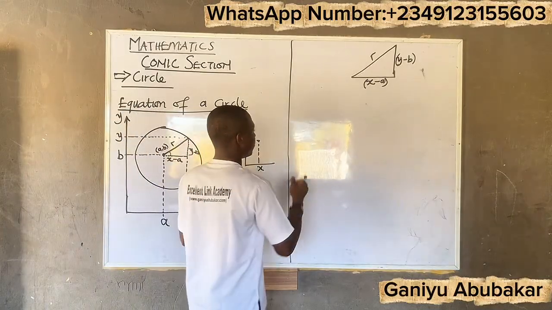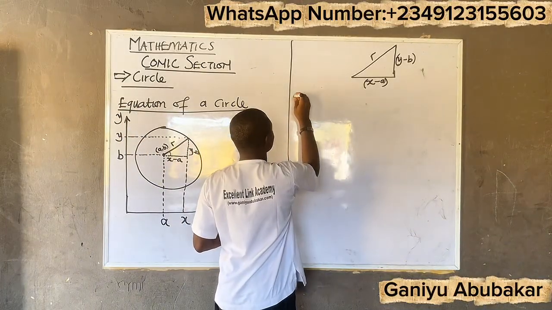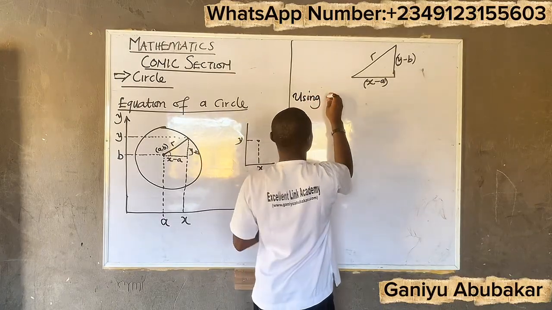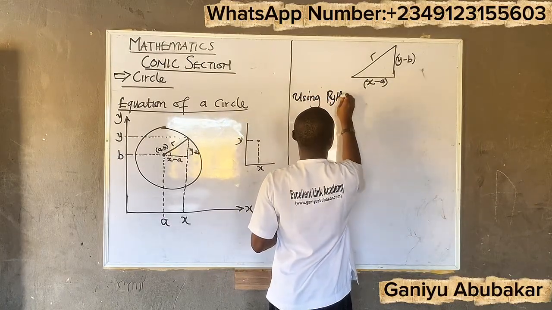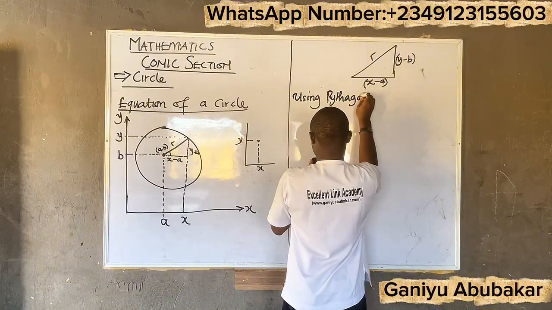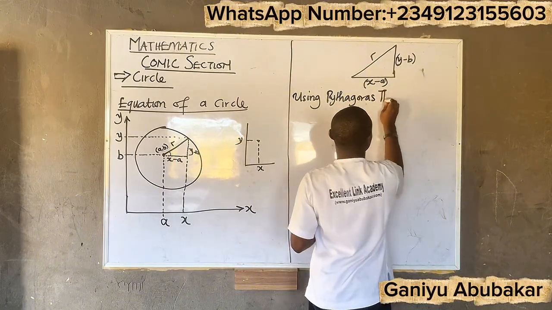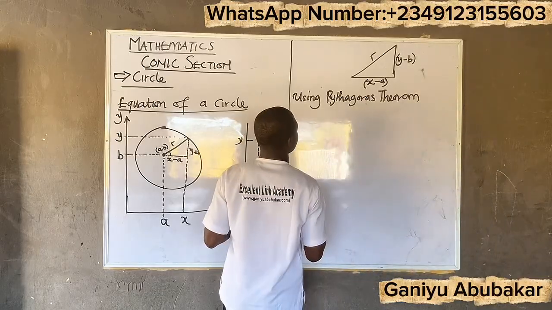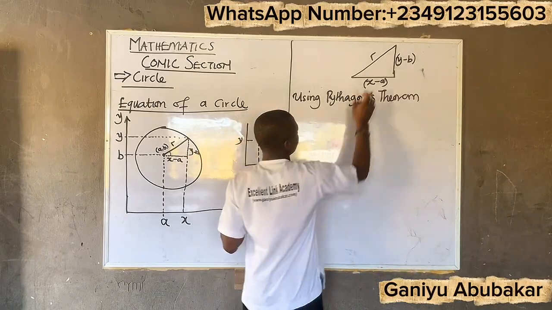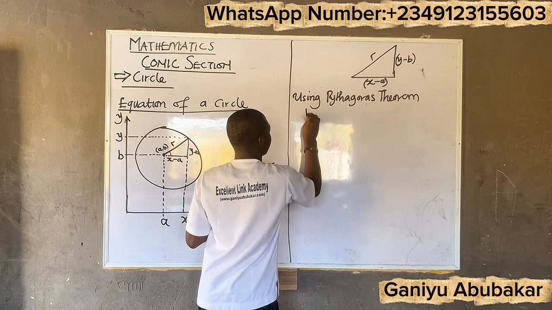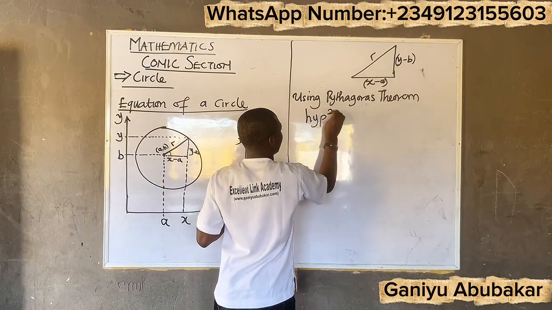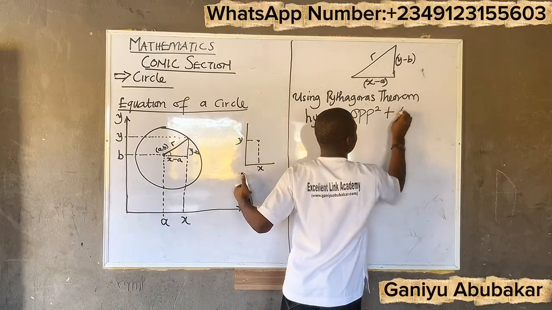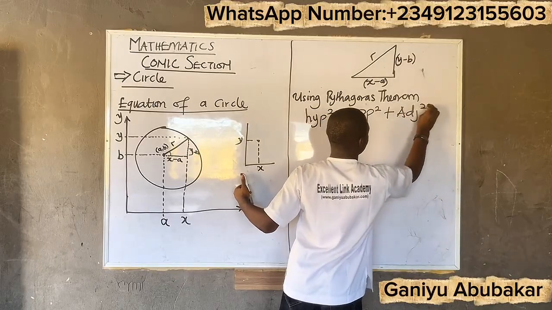So from here, using Pythagoras theorem, we know that Pythagoras theorem is very simple. The hypotenuse squared equals the opposite squared plus adjacent squared.